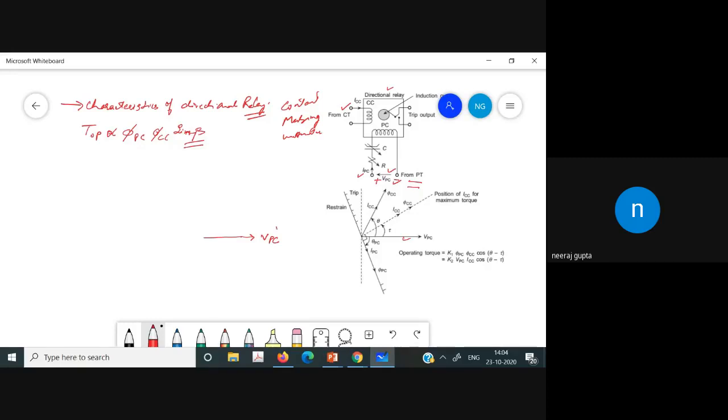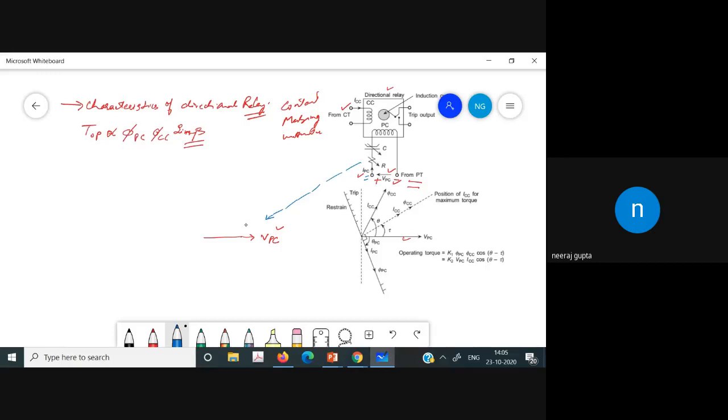The VPC is coming from this potential, this PT. Now, because of the VPC, the current that is coming is IPC.